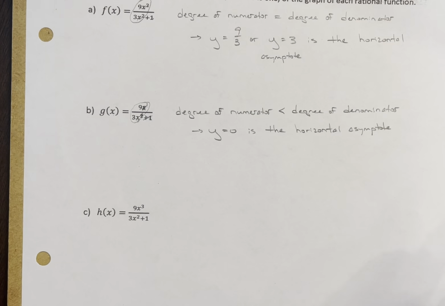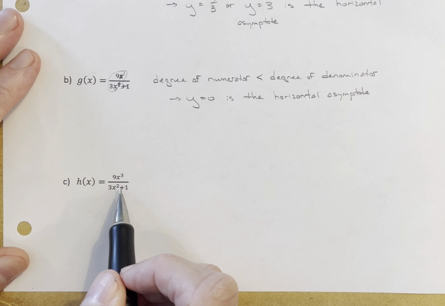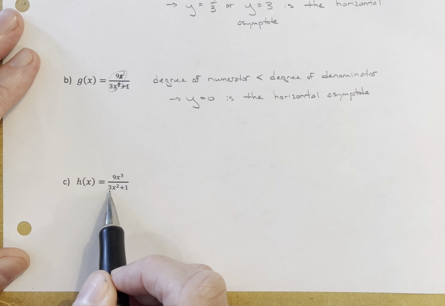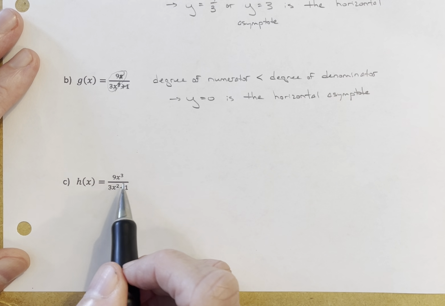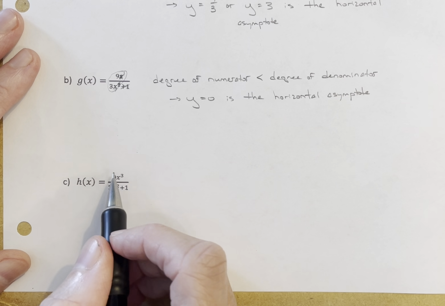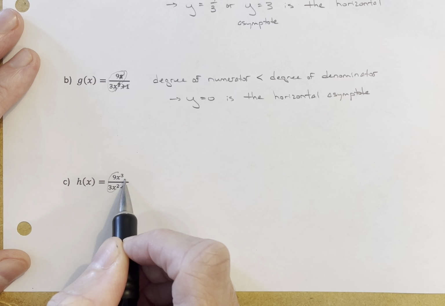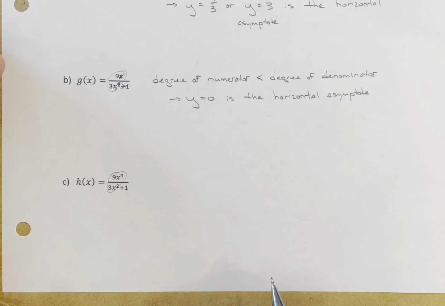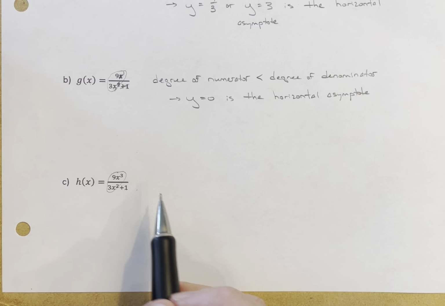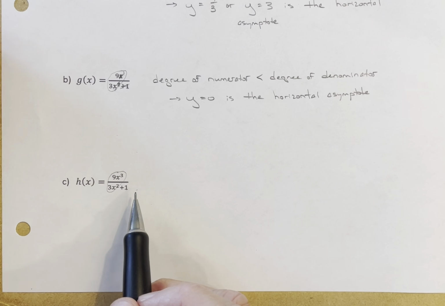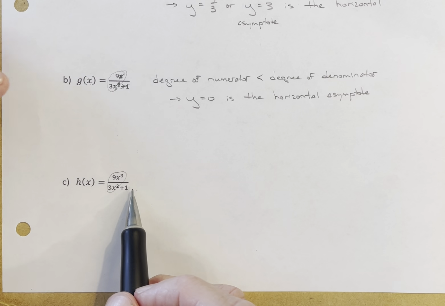Last example. Okay, h of x is equal to 9x cubed divided by 3x squared plus 1. Again, we're only concerned about the leading terms as we go to infinity or negative infinity. Adding 1, adding 2x, adding whatever to the ends of these things has no meaning as you go to infinity.